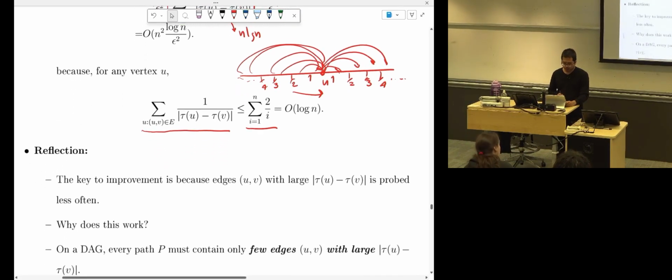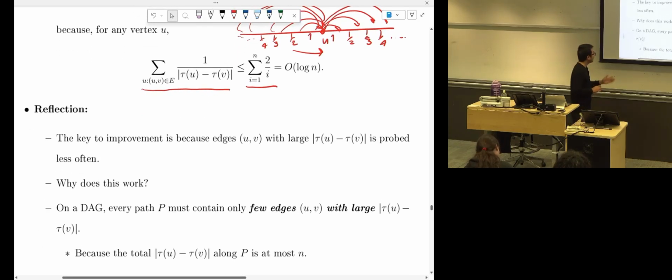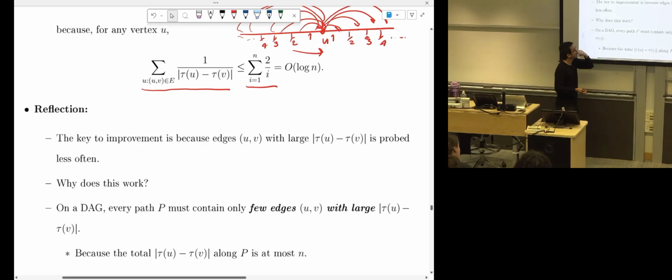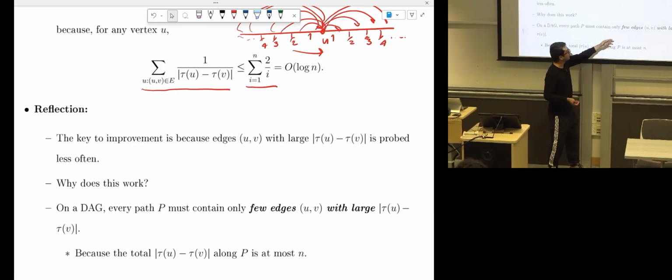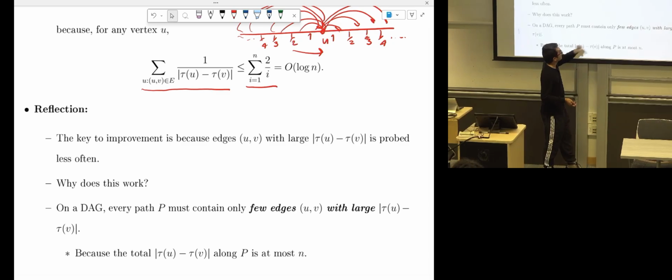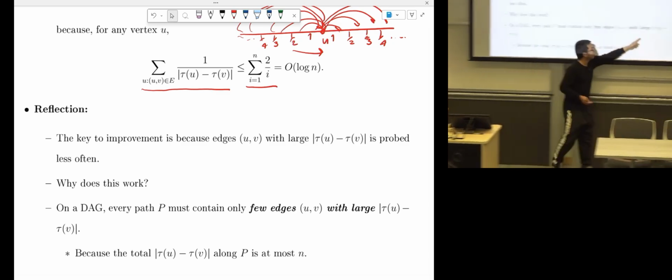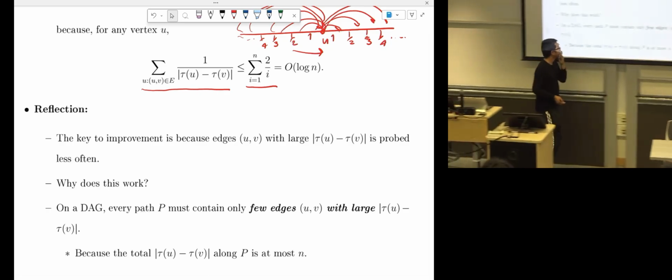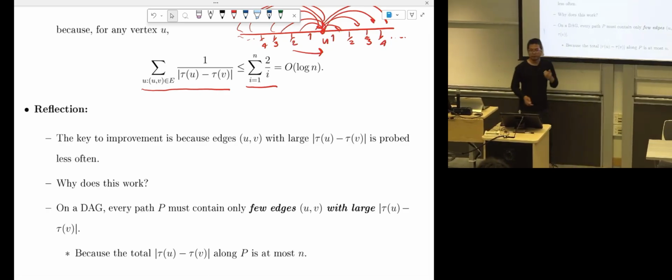And why does it work intuitively? Again, when we are on a DAG, every path contains only few edges with large difference in topological ordering. Because the sum of this thing is at most n.